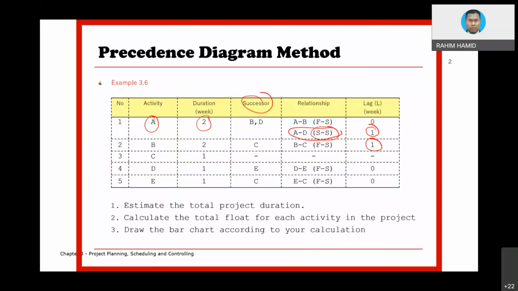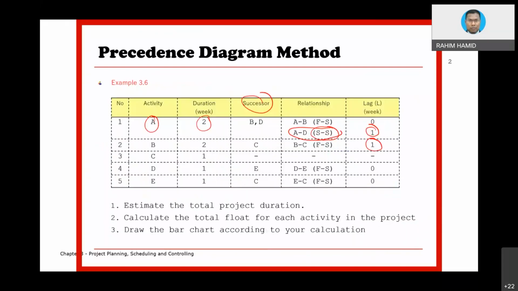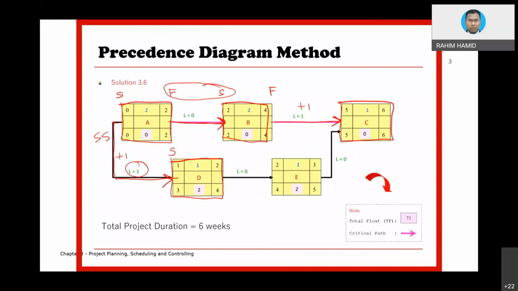And then what else? B. B is basically a predecessor of C. Okay, you already have B, and then what is C? Okay, C is somewhere here. You just simply connect, and then also the lag is +1. And then how about C? C doesn't have any successor, meaning to say C is the ending node.